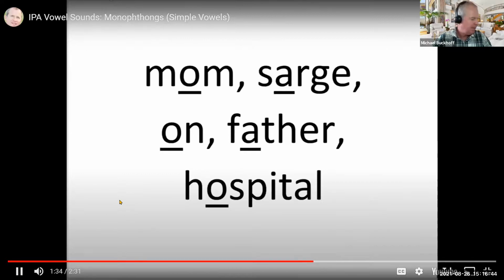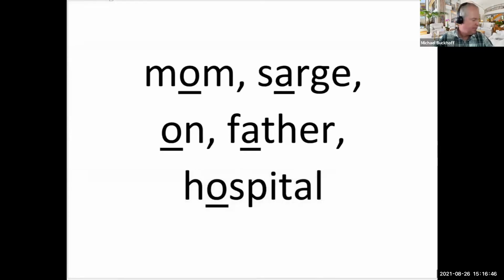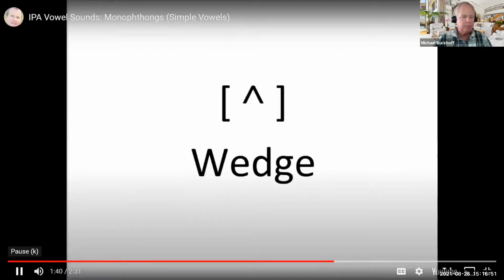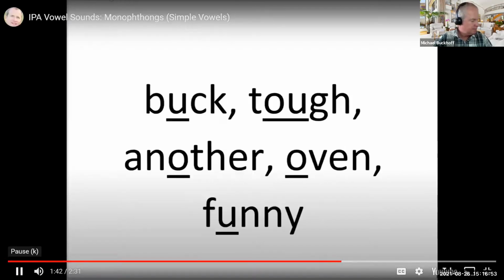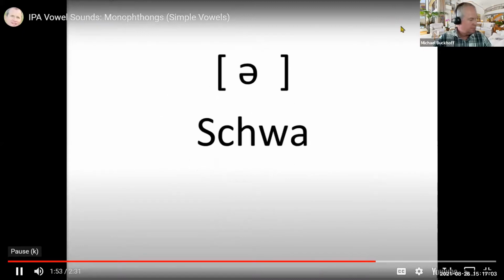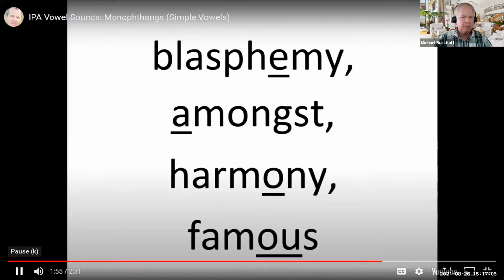Script A: mom, Sarge, on, father, hospital. Wedge: buck, tough, another, oven, funny. Schwa: blasphemy, amongst, harmony, famous.